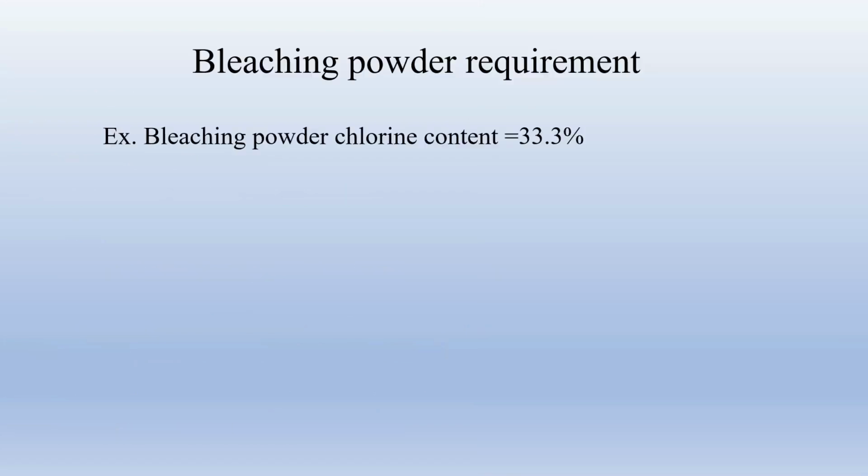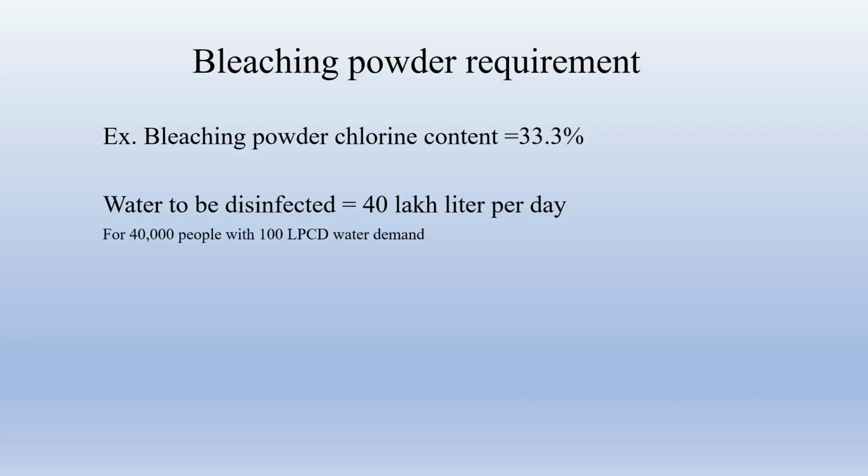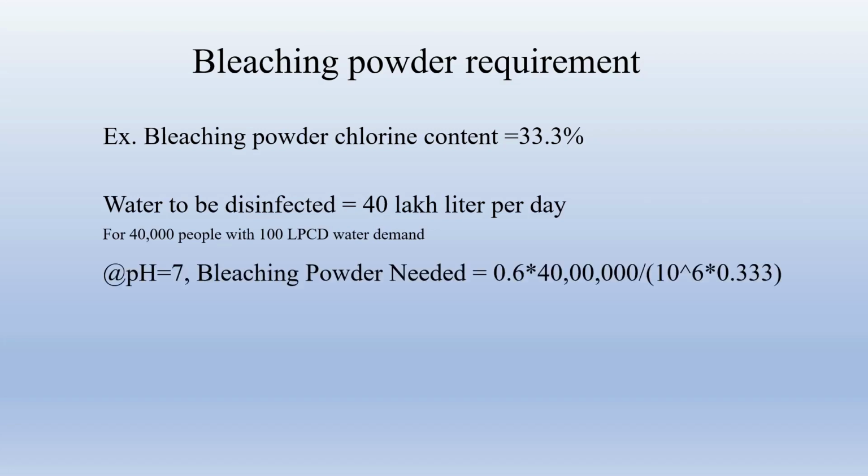Also, calculating the bleaching powder requirement. The bleaching powder chlorine content is generally about 33.3% in the fresh condition, and the water to be disinfected is taken as 40 lakh liters of water per day for 40,000 people with 100 LPCD water demand. At pH 7, the bleaching powder needed will be 7.2 kg per day.